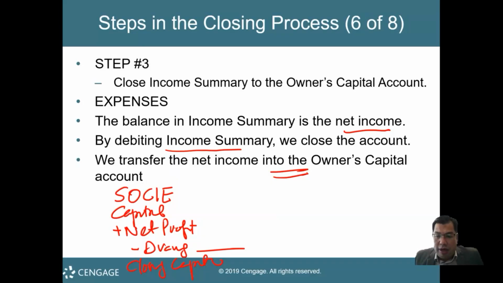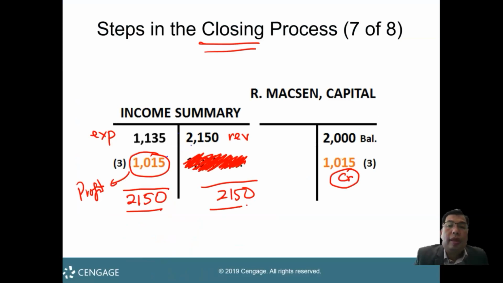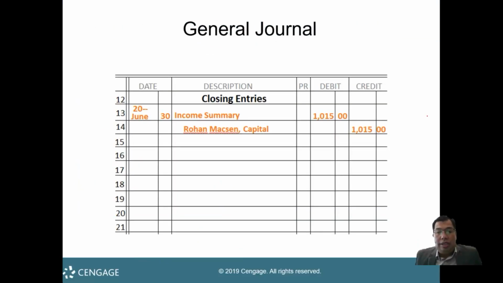If you make profit, you're going to debit your income summary, credit your capital. If you make loss, you're going to credit your income summary and debit your capital account. So what are the transactions? Debit income summary 1015, credit capital 1015. So this is step number 3.